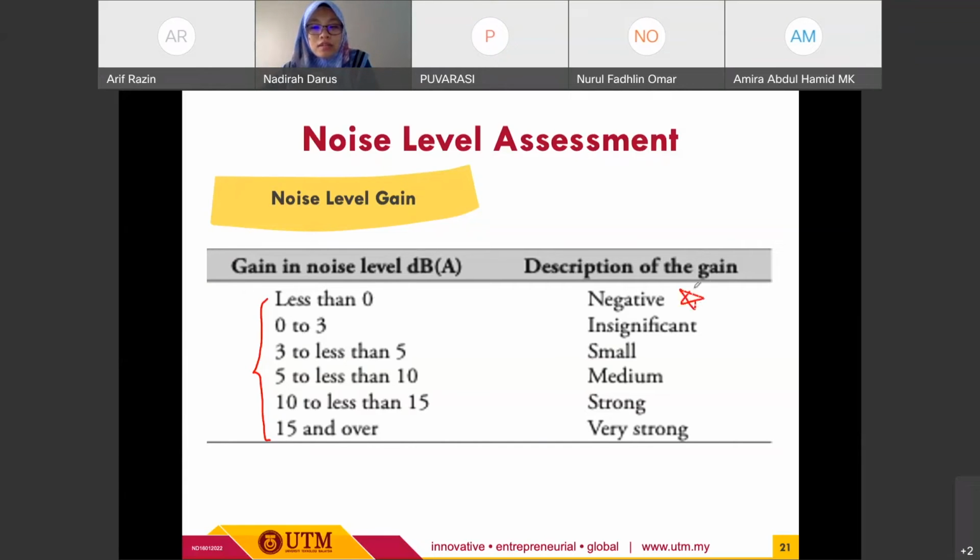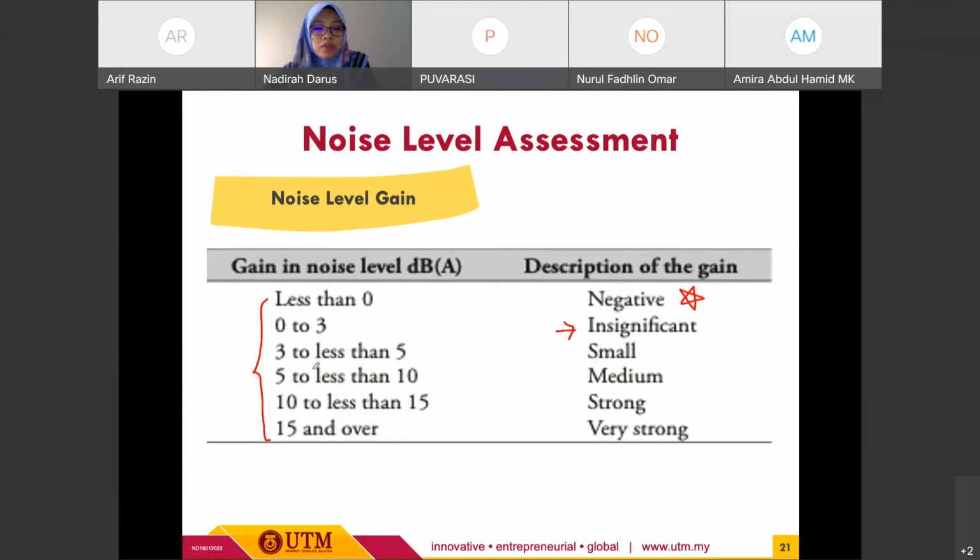So tak ada, totally insignificant. Kalau 0 to 3 still insignificant, as I mentioned, it's barely detectable by our ears. And kalau ada any changes 3 to 5, it will be considered as small gain or small increment.